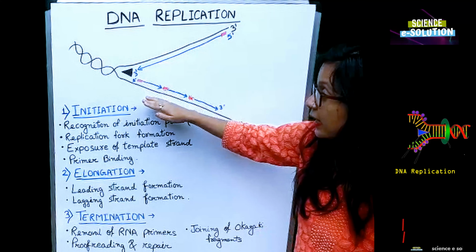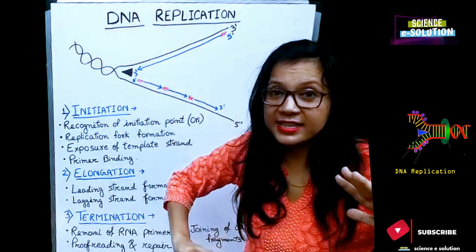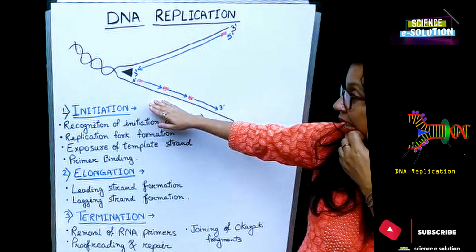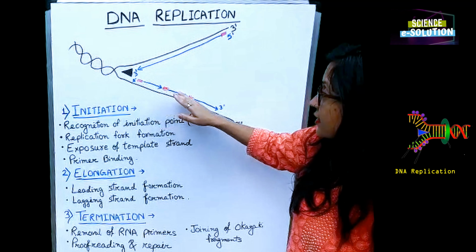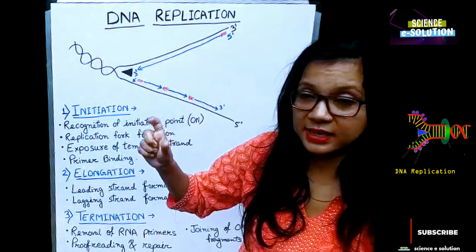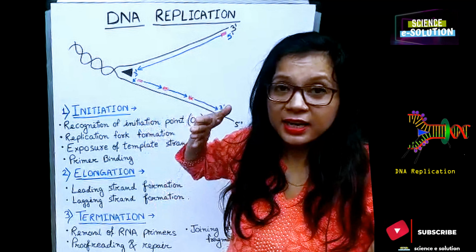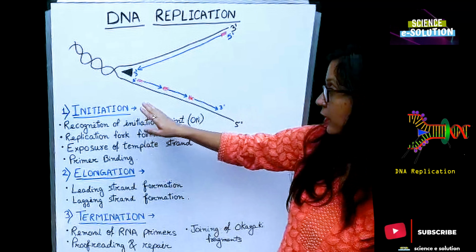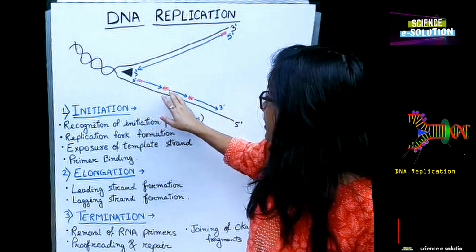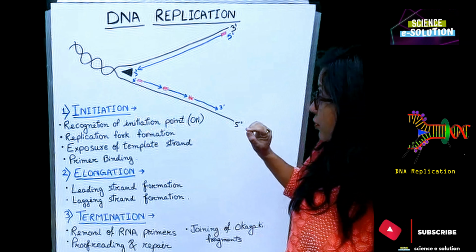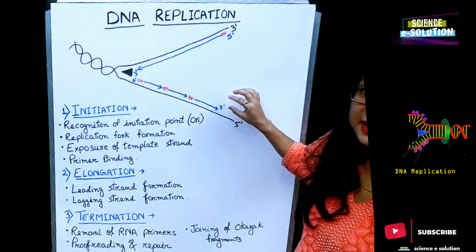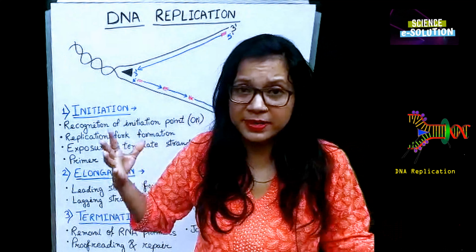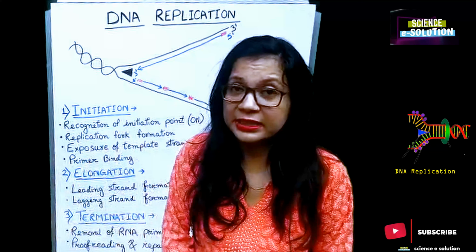But for the other template strand, it is against the direction. That is why on the other template strand, the new DNA is synthesized in fragments. It cannot be synthesized continuously because it is synthesizing against the direction. So it is synthesized in fragments, known as Okazaki fragments, and this whole strand is known as the lagging strand.